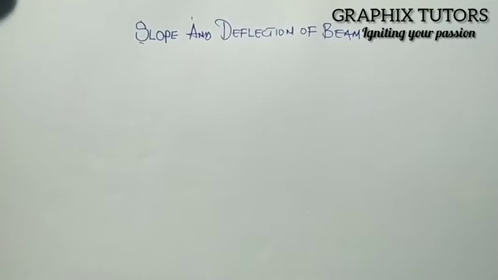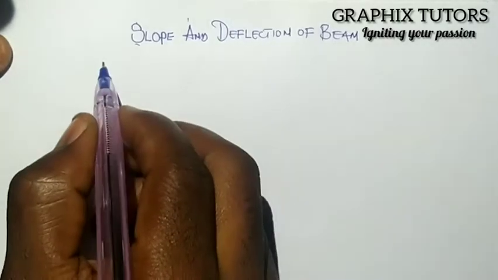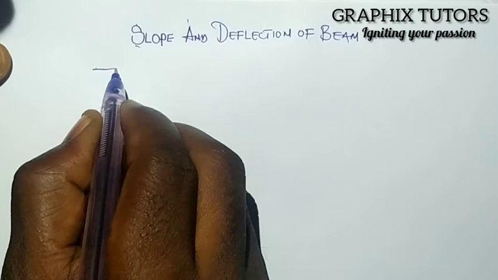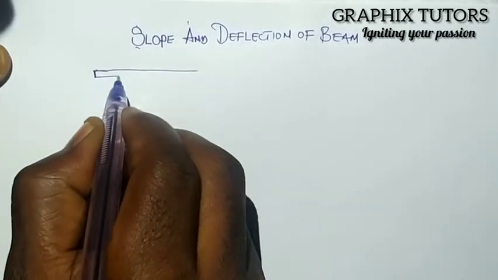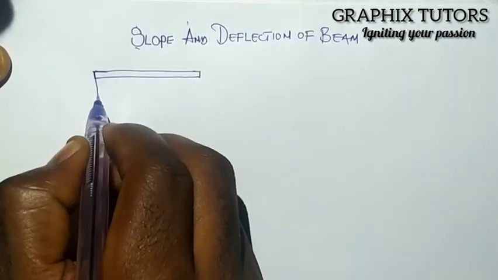Today we'll be looking at another topic in strength of material, which is slope and deflection of beam. Now let's consider this beam. It has two reactions. It is a simply supported beam.